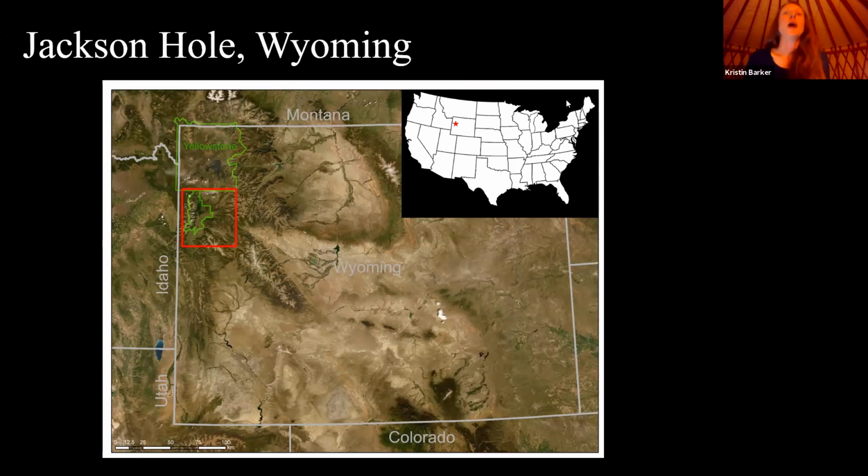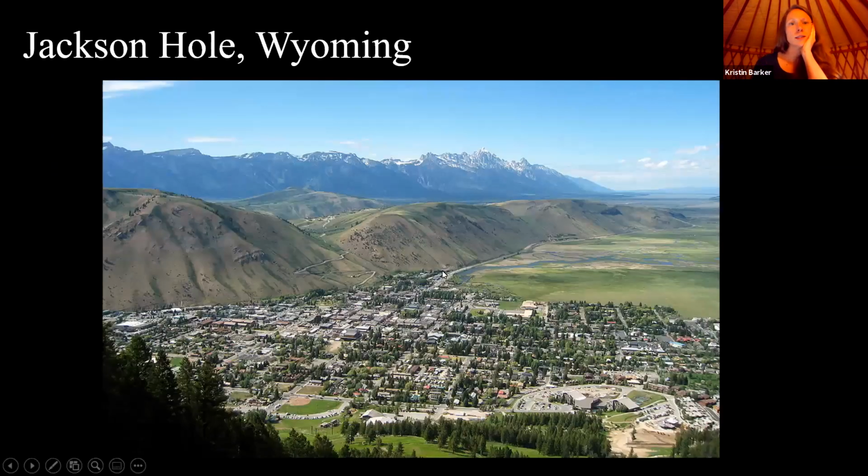Okay. So I am studying this question in Jackson Hole, Wyoming, which is the perfect place to tease apart these different hypotheses. Jackson Hole is just south of Yellowstone. Wolves naturally recolonized the area after being reintroduced up into northern Yellowstone. The town of Jackson is a concentrated, urban-ish type of area.